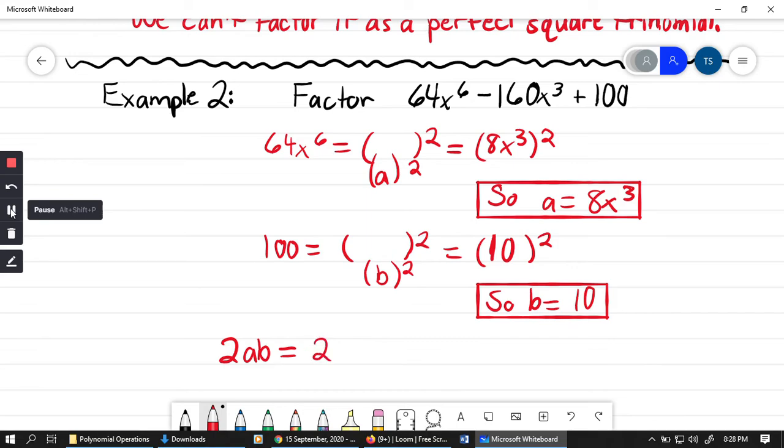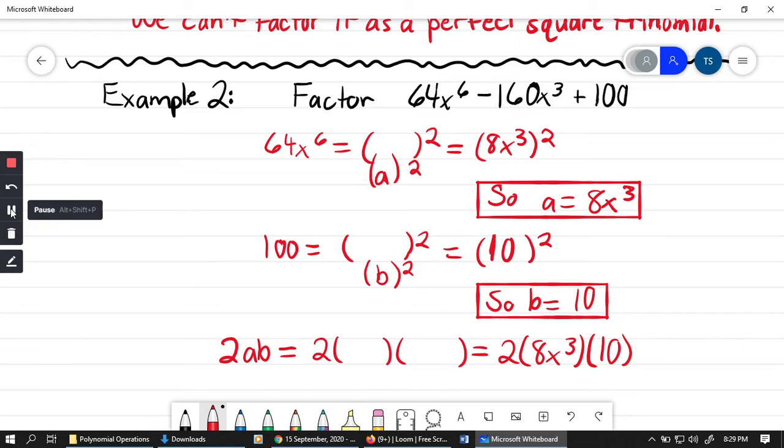Alright, so let's do that. 2 times a times b. Alright, so 2 times 8x to the third times 10. Okay, so far the x to the third part matches.